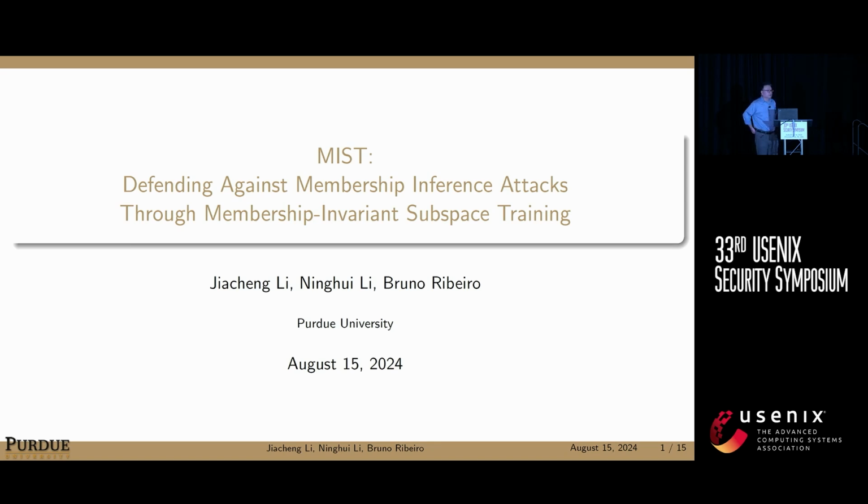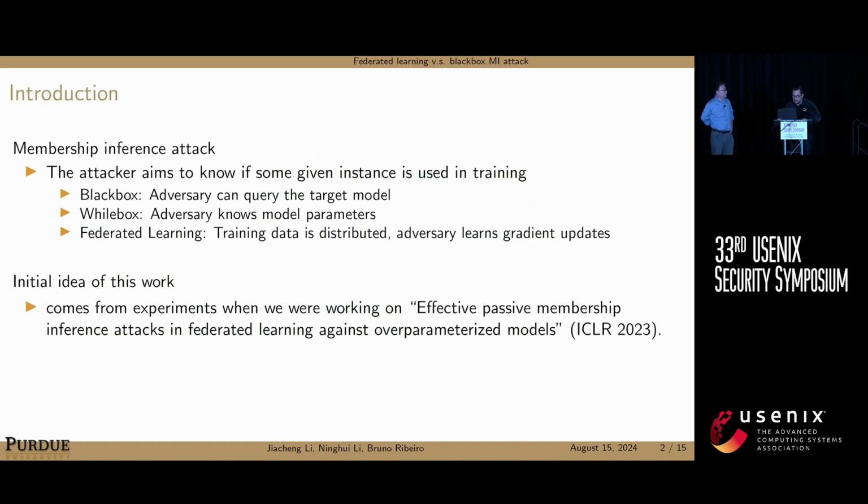So he graduated in January and joined Pinterest, and he told me he cannot travel to present. So I'm here. This work is about membership inference, which we have seen in a number of papers. There are a couple of settings in membership inference attacks. In the black box setting, the attacker can only query the model and then try to determine whether a particular instance is used in the training.